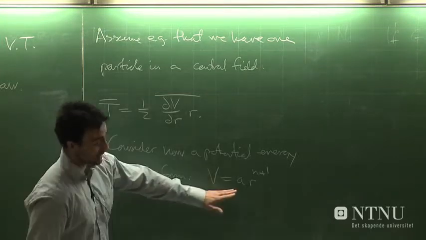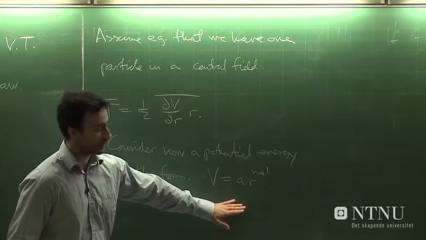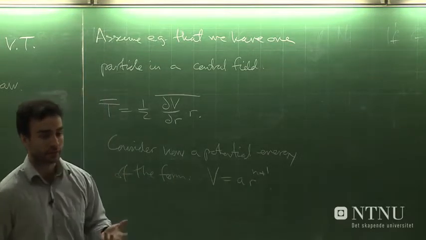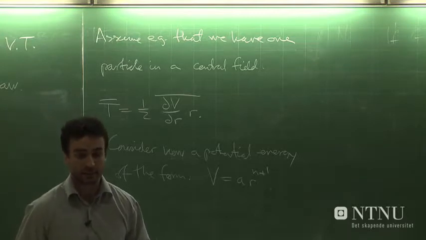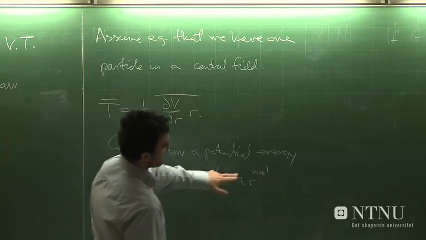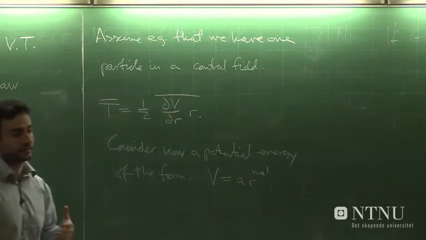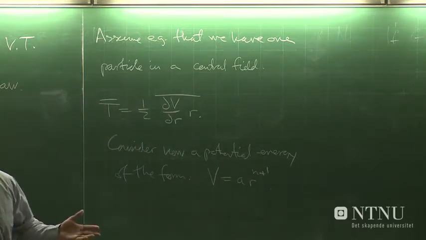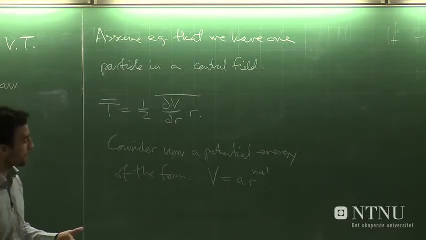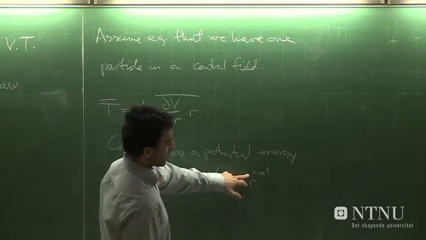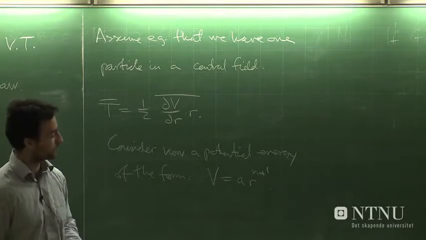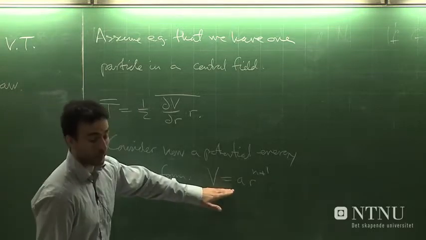And this might seem as an artificial choice, but consider that depending on what n is, we're actually able to capture several types of characteristic potential energies. For instance, if n is equal to -3, and a is negative, we get an attractive 1 over r squared force, like we considered previously. And if n is equal to 1, we get essentially a harmonic oscillator potential. So this is still quite general.